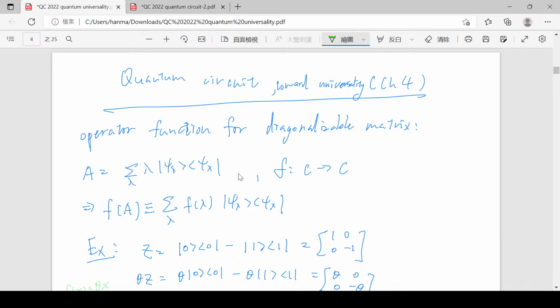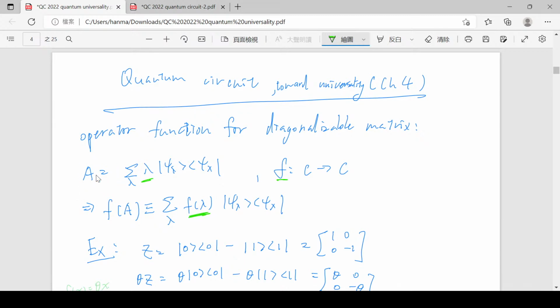There are lots of ways to generalize, but for diagonalizable matrices, a very natural generalization is that you just apply the function on the eigenvalues of your matrix.